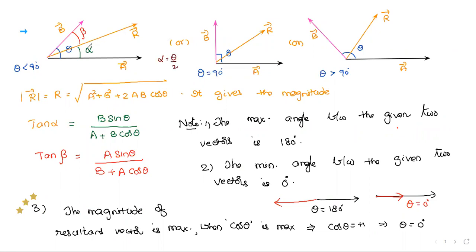The resultant bisects the angle. But if mod A is not equal to mod B, then the resultant won't bisect the angle. If it won't bisect, then the resultant will come close to A or close to B.